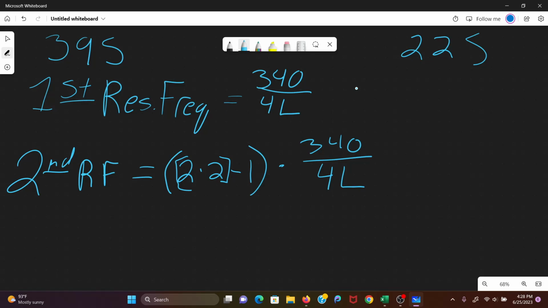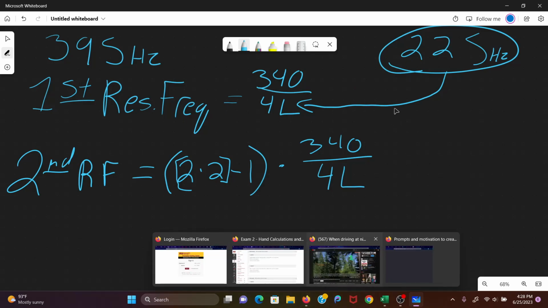People would take this number and they would put it in for L. What's wrong with that? Well, what's wrong with that is these are frequencies. This is hertz. This is hertz. Was that in the question? Yeah, of course it was in the question.